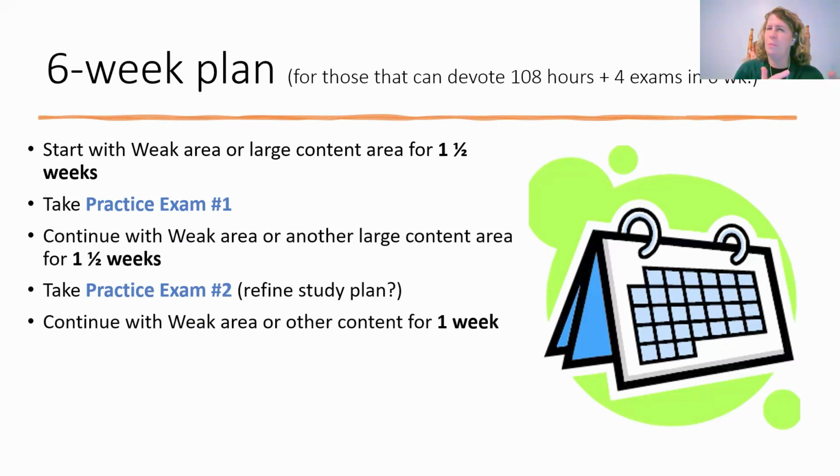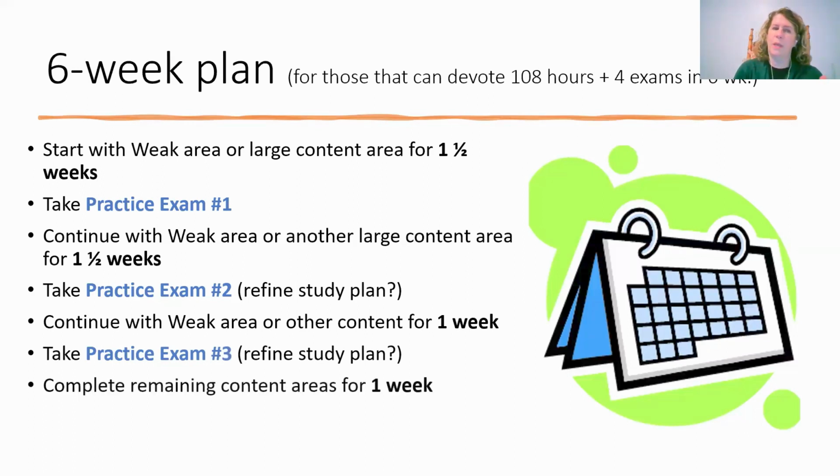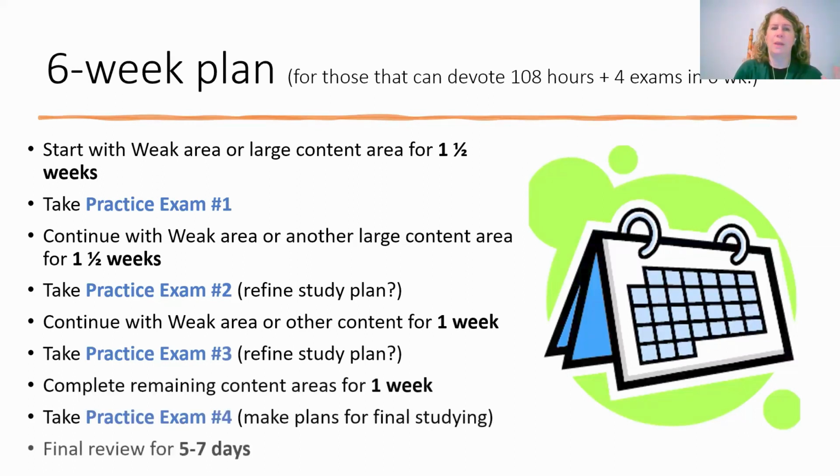Should I tweak my study plan, or am I on track? Is this working for me? They say continue for another week, take your third, you have one more week, take your fourth, make plans for final studying, and then you'll have 5 to 7 days left to do some final studying.